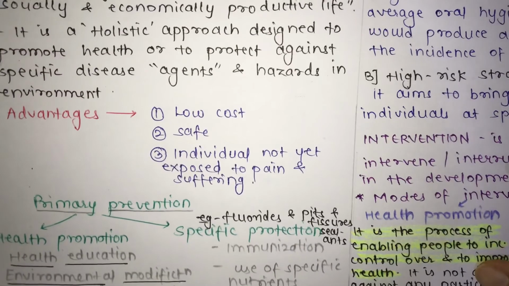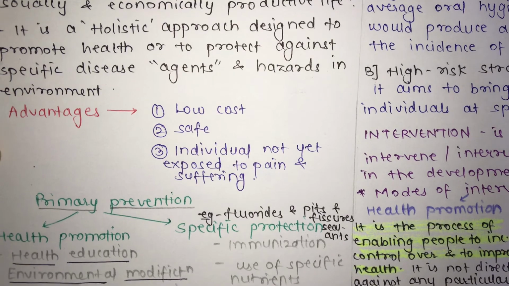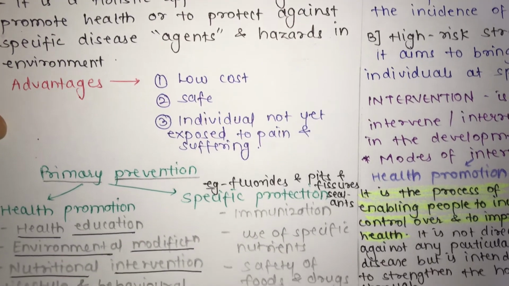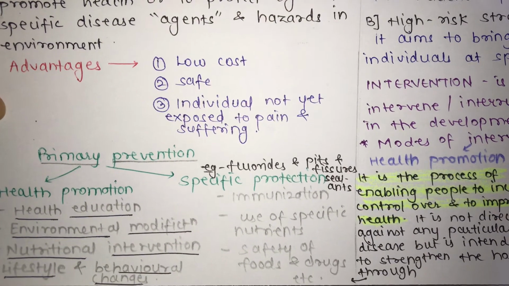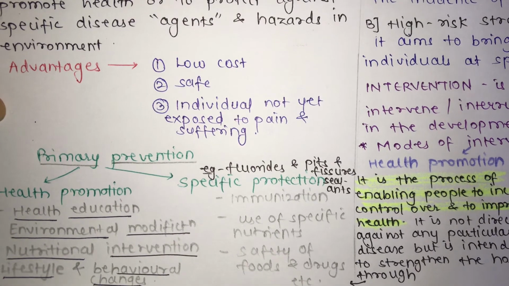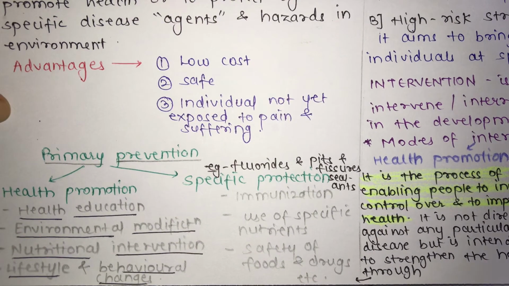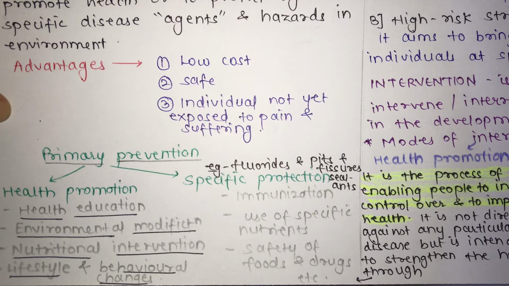So primary prevention is intervened in two ways. This is the subclassification of primary prevention: health promotion and specific protection. In health promotion, you're giving health education, for environmental modification, nutritional intervention, and lifestyle and behavioral changes. These are the same things that you're doing for primordial.